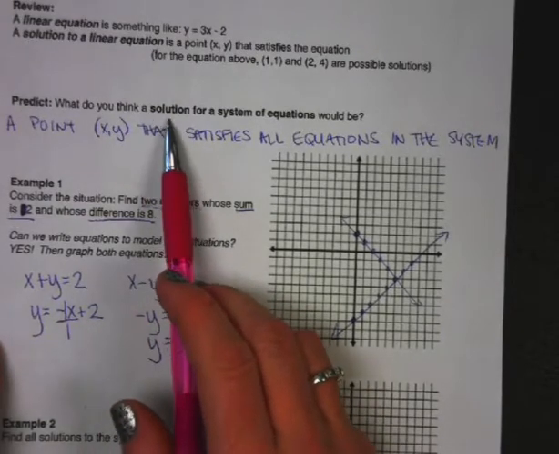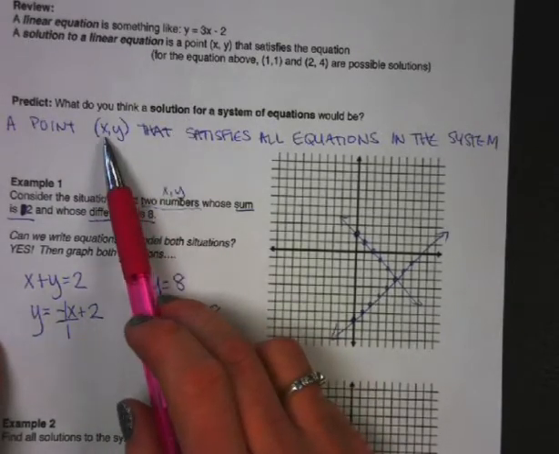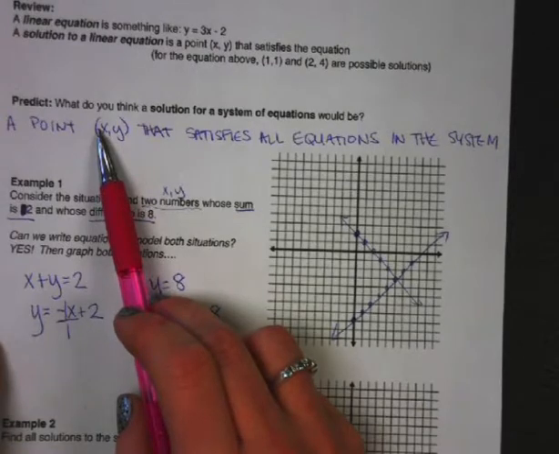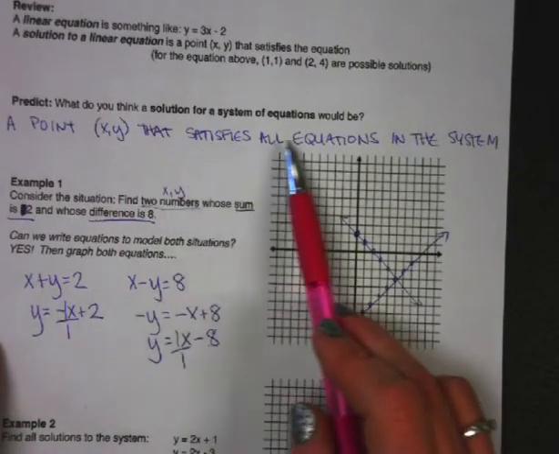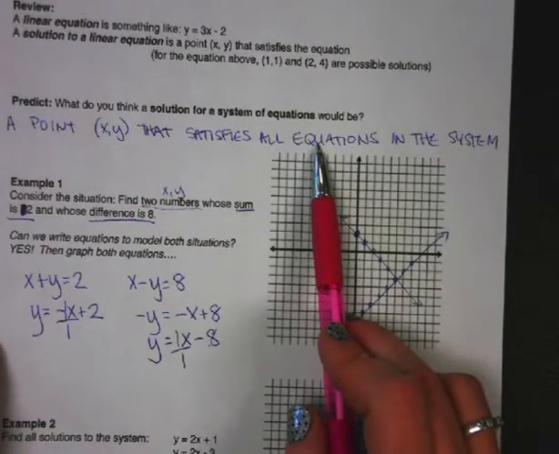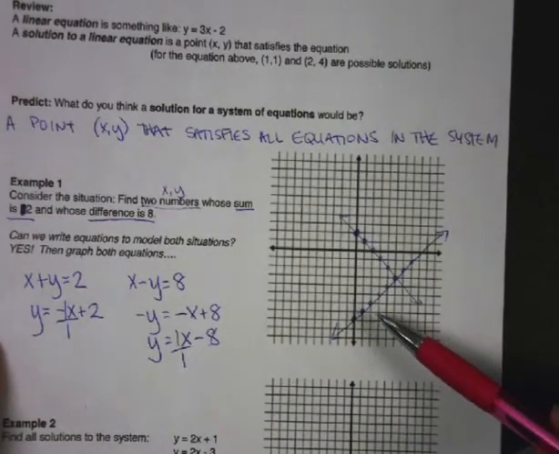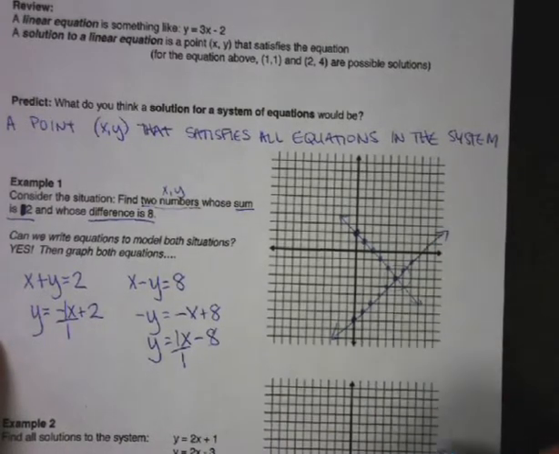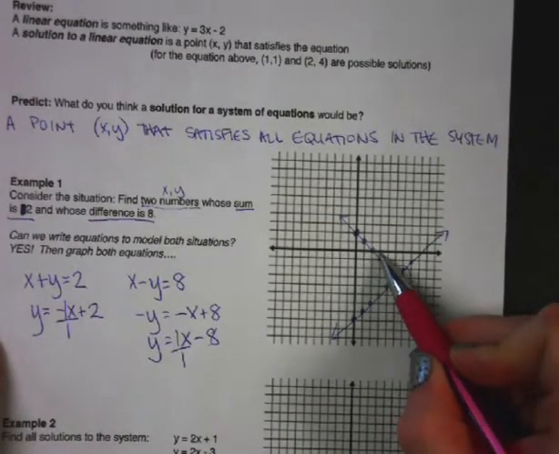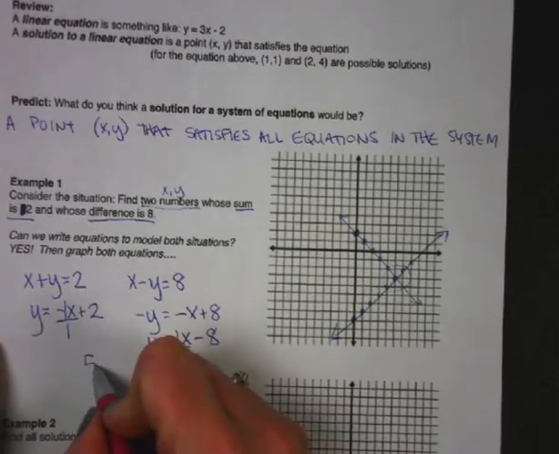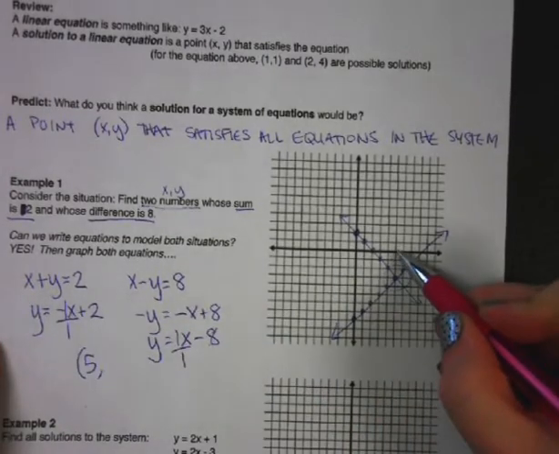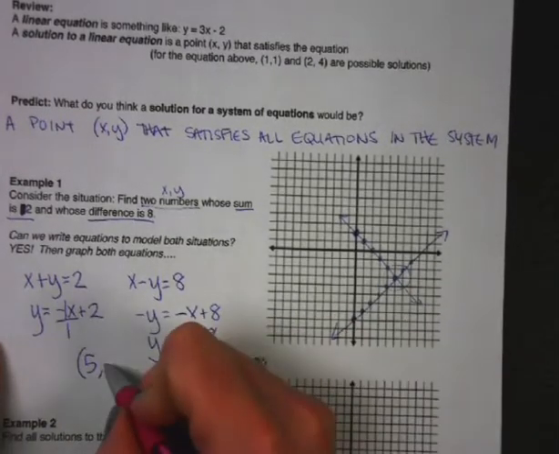Well, if we look at a solution, it's a point that would satisfy all the equations. Which point satisfies both equations? This one, right? Okay, what is that point? (5, -3).